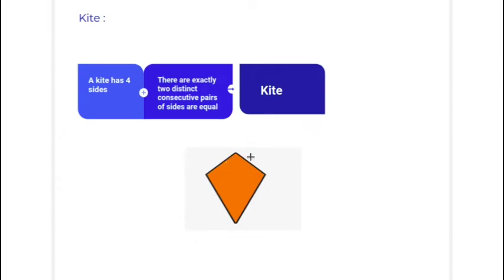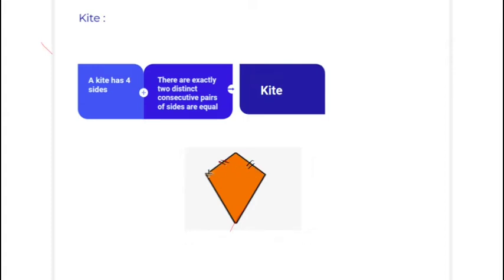See, in this figure I will explain. Distinct consecutive pairs. Consecutive means continuous. If we start from here, this side and this side, these two sides are equal.